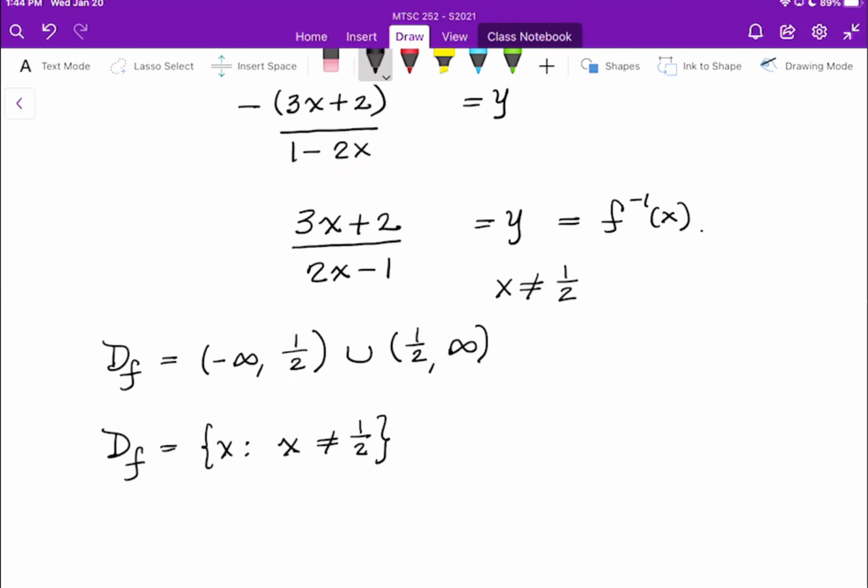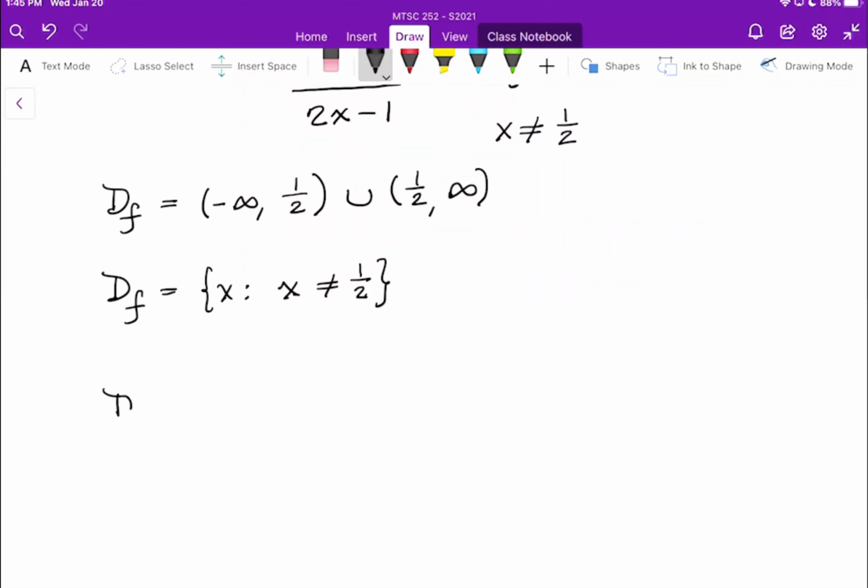Okay, now here's the hard part for this problem. When you have a problem like this, the range is difficult because it's very hard to see all the numbers that are going to come out of this. But I'll give you a hint.